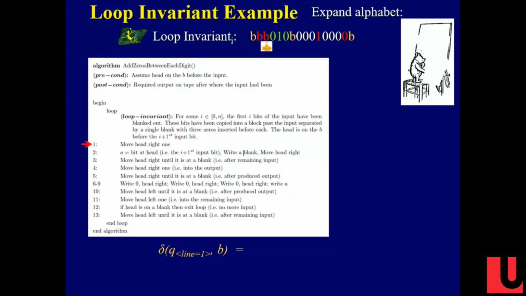All right, so what state do I go in next? Well, the action is I move my head right. So what state should I go into? Line 2, exactly. Do I know anything new? No, I don't know anything new. I'm in line 2. What am I looking at?